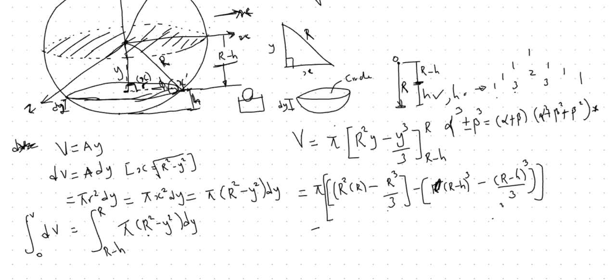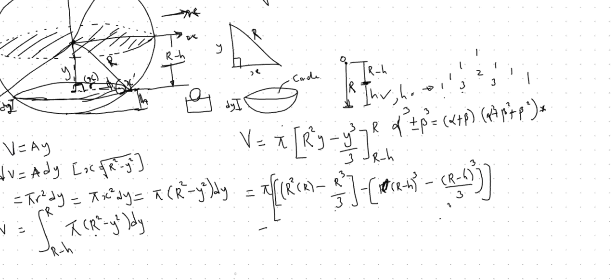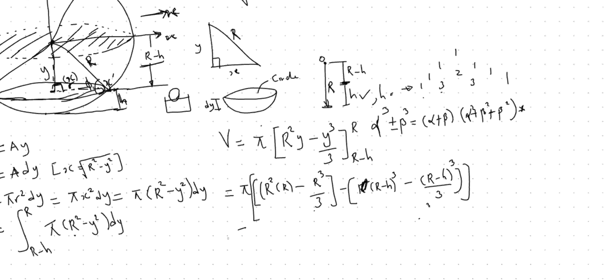So if I have something like this now, it's going to be equals to pi r to the power of 3 minus pi r to the power of 3 over 3 minus, so I'm now here for the second bracket, open bracket to be pi, you know we have r minus h for the lower limit here, so it's going to be pi r squared. Oh, so I get where it is coming from now.